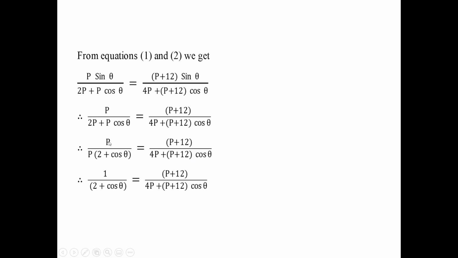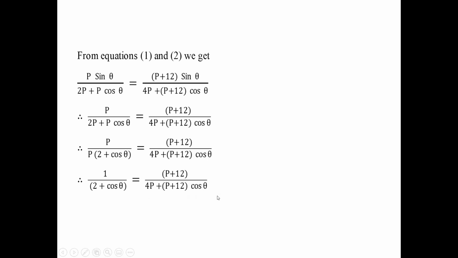Cancel this p in the numerator and denominator on the left hand side. The left hand side becomes 1 divided by 2 plus cos theta, equal to (p plus 12) divided by 4p plus (p plus 12) cos theta.